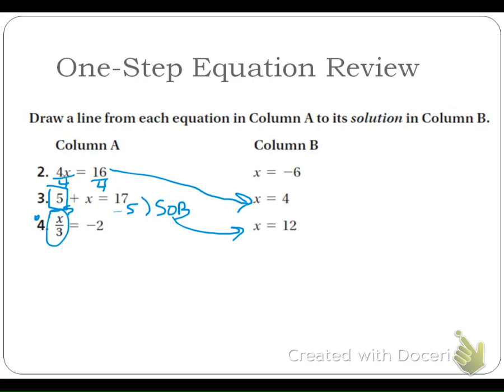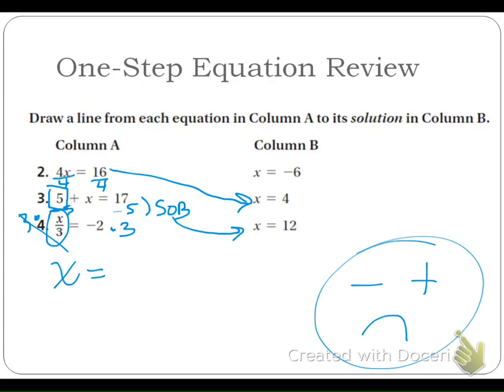You have to move it up and multiply. So times 3, times 3. We use our rules of multiplication of integers here. So x, because our 3's cancel out, is equal to negative 2 times 3. Well, you have a negative and a positive, so it should be a negative 6. So that's why that one's negative 6.